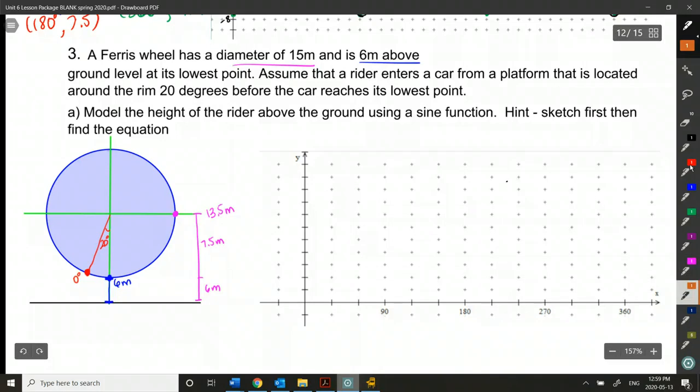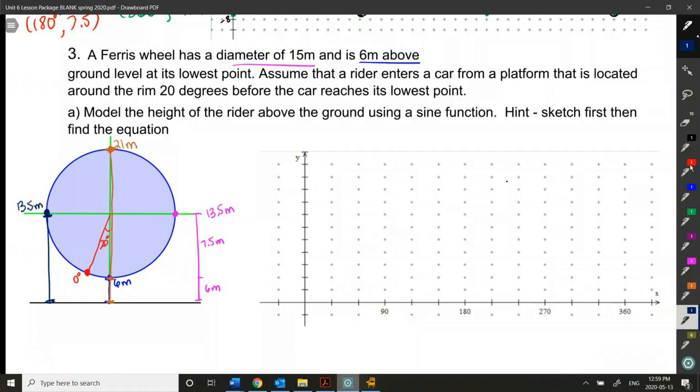And at the next location, this will be the maximum height of the rider all the way from the ground up. If this is 6 meters and the whole diameter is 15 meters, the maximum must be 21 meters. So that will be at this point here, the maximum height. And finally, down here, I'm going to have the same height as before, so this will be 13.5 meters off the ground.